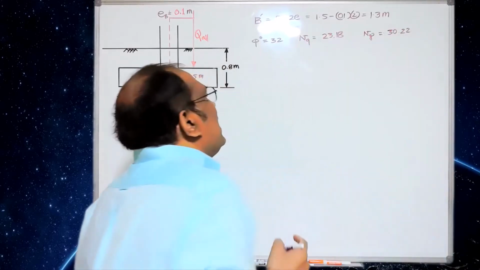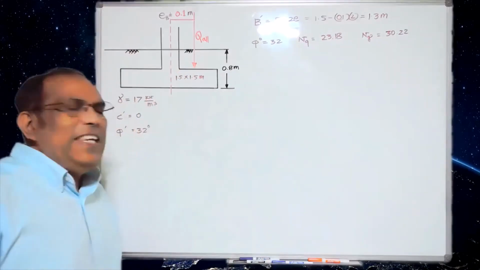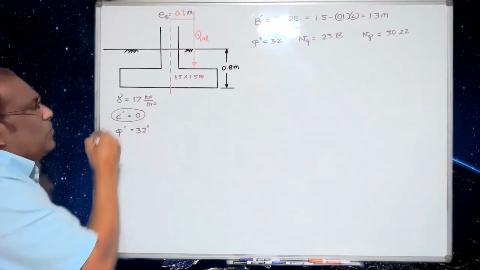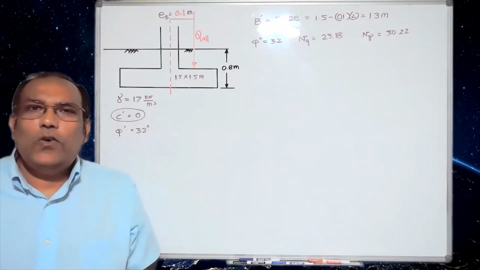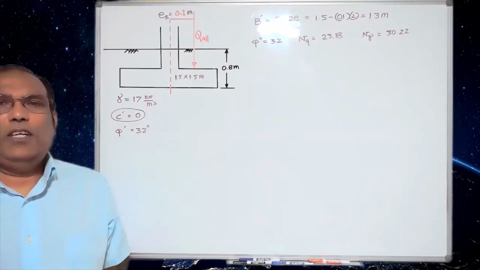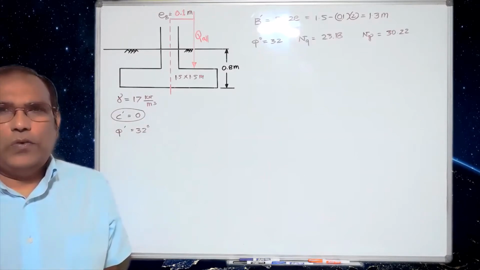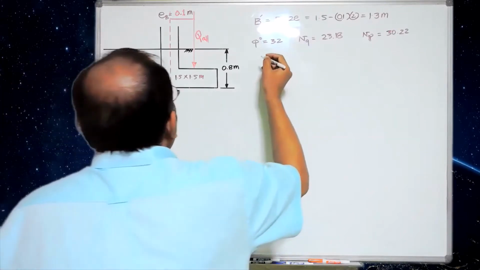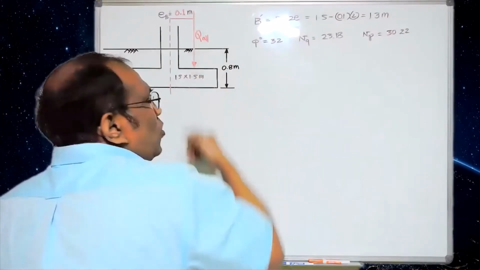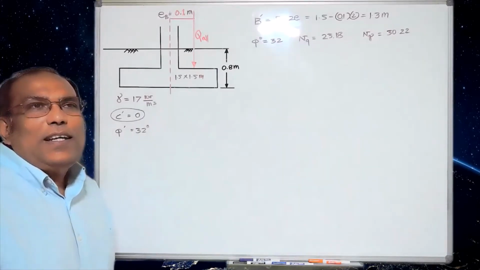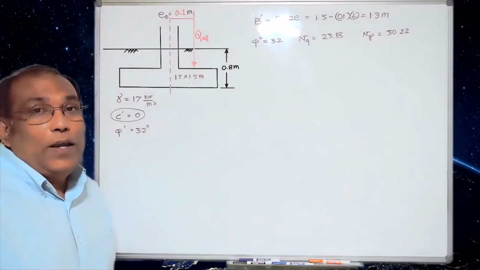You can see that I didn't find out Nc here because the cohesion for this is 0. So the first part of the bearing capacity equation should be 0. We also know that there is no inclination here, so all inclination factors are also 1.